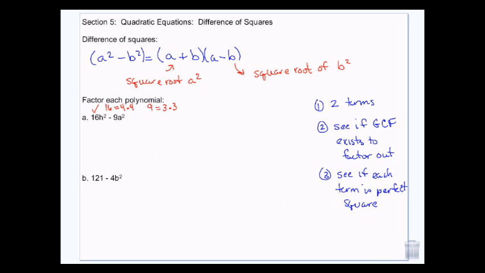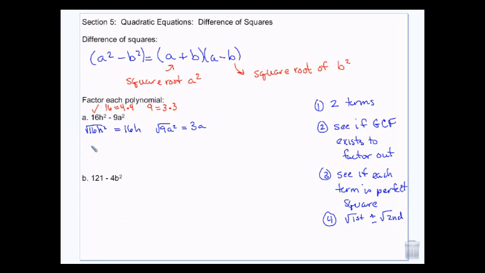Awesome. So after I've done that, I do the square root of the first plus and minus the square root of the second. Okay, so the square root of 16h squared is 4h. And the square root of 9a squared is 3a.